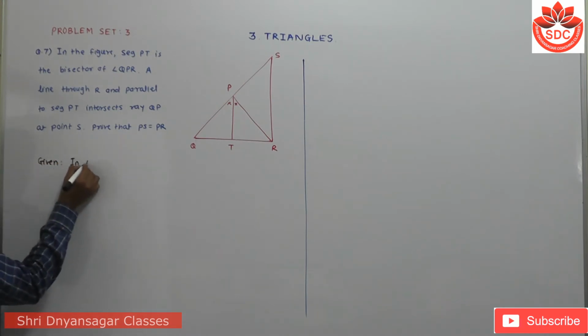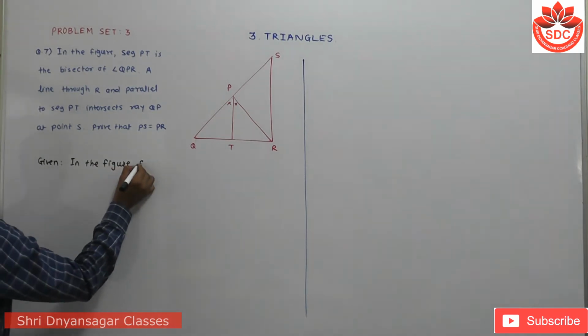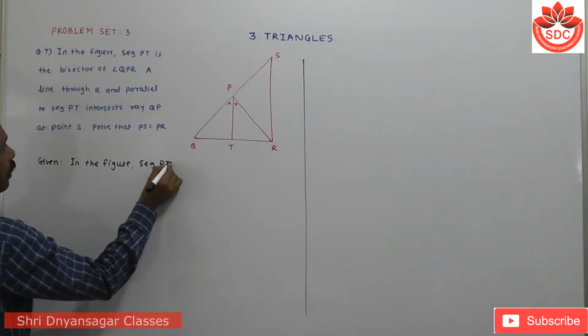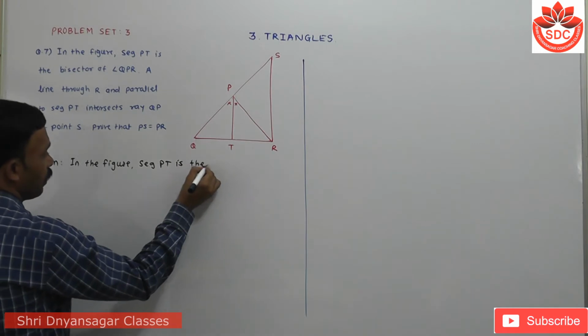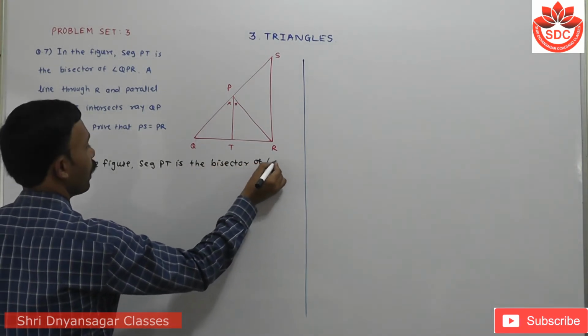In the figure, segment PT is the bisector of angle QPR.